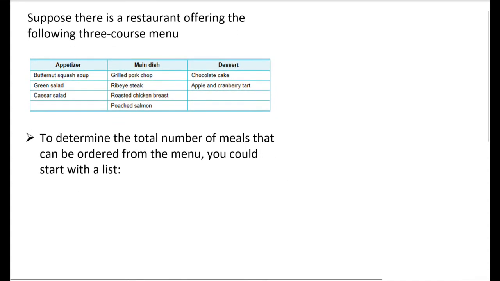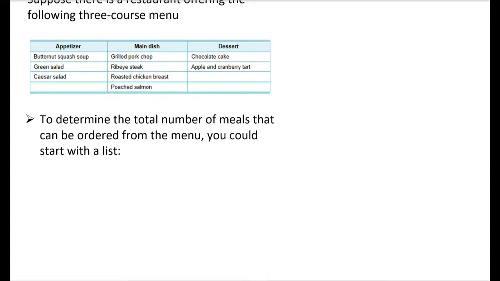Well, you could start with a list. If you look at the appetizers, you could start with, say, butternut squash soup, followed by the pork chop dish, followed by the chocolate cake.